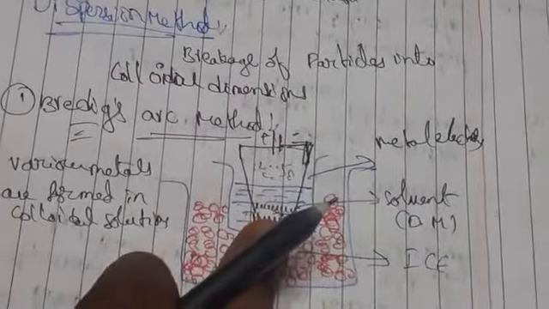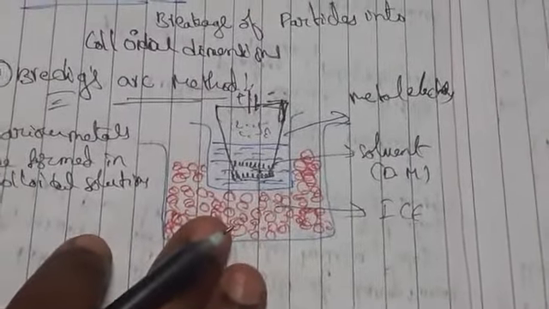These vapors get condensed by the ice cold water to give particles of colloidal size. So this gives a pure colloidal solution.